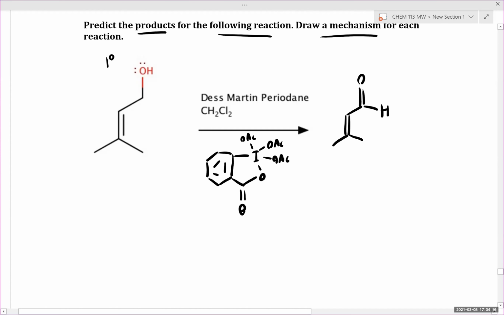So, would anyone like now to try to annotate on the class whiteboard or to share a screenshot of their work on a separate piece of paper for the mechanism for this reaction? We've gone over the Dess-Martin periodinane oxidation mechanism in the last class session. Would anyone like to showcase this mechanism or share their proposed mechanism for this reaction on the class whiteboard?